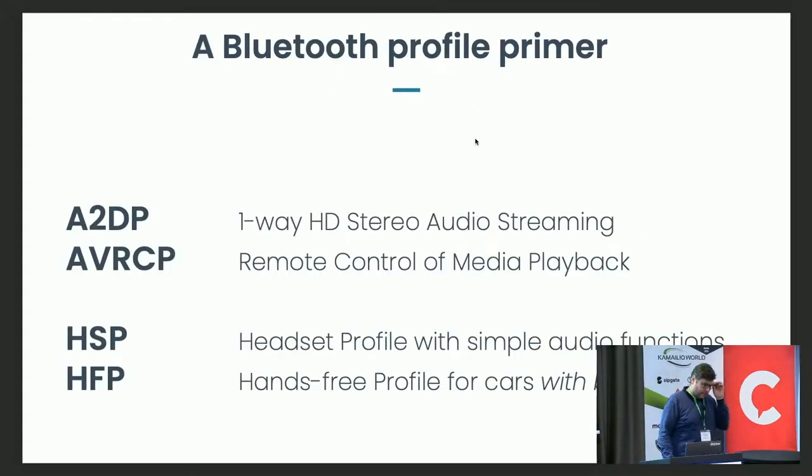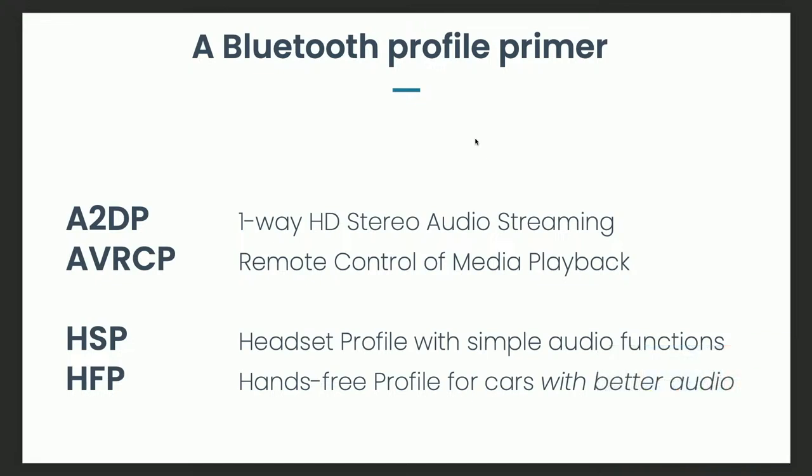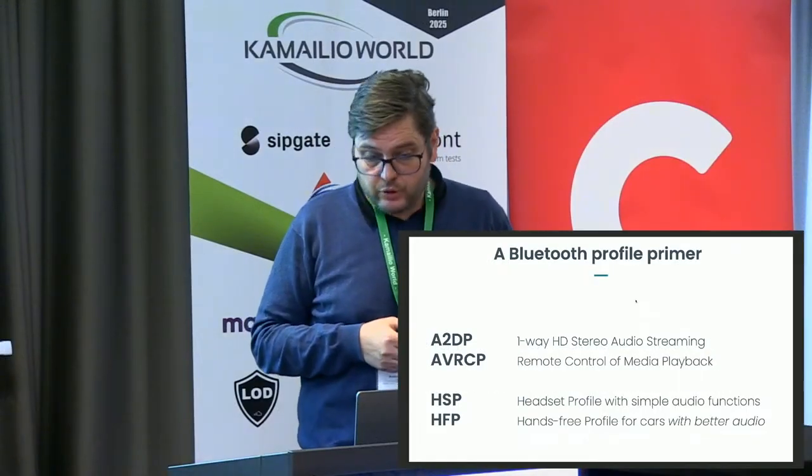Now, how does this actually work with Bluetooth? So a very quick primer. There are a couple of Bluetooth profiles that are being used in different kind of scenarios. The first two, A2DP and AVRCP, they are really what you want to use when you listen to audio, like music, on your headphones, right?